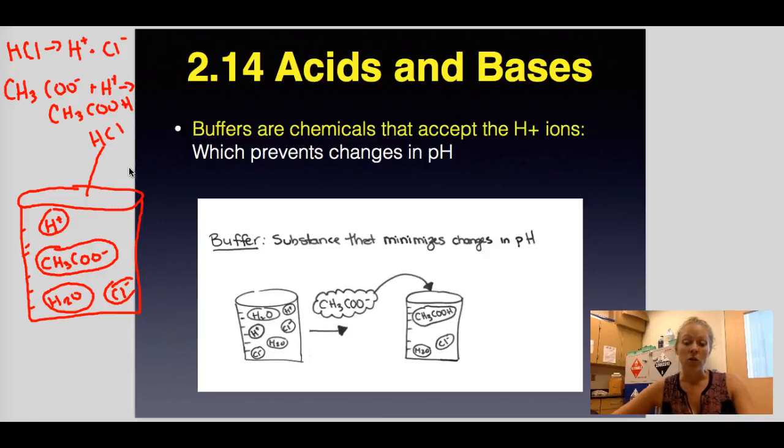It's going to accept, or bind to, those hydrogen ions. And since there are fewer free-floating hydrogen ions in there, it's not going to become more acidic, because those acetate ions are accepting the hydrogen ions.